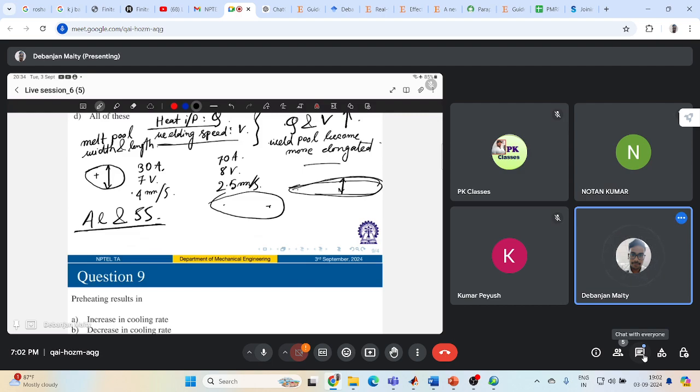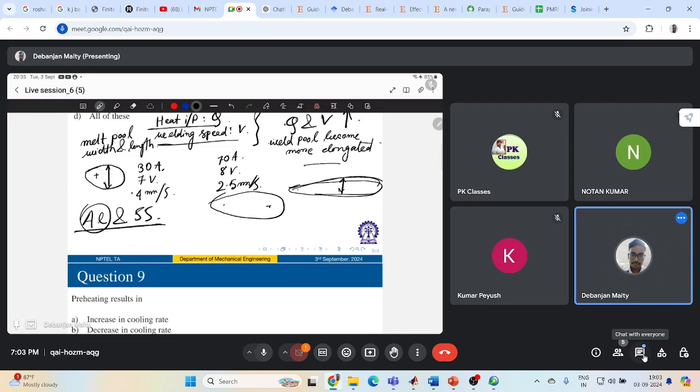Which one is having higher thermal conductivity? Aluminium is having higher thermal conductivity compared to SS, stainless steel, right? Now, because of the lower thermal conductivity of SS, what will happen? It will be more difficult for the weld pool to dissipate heat and solidify, right?